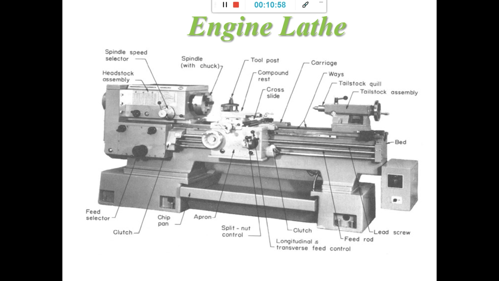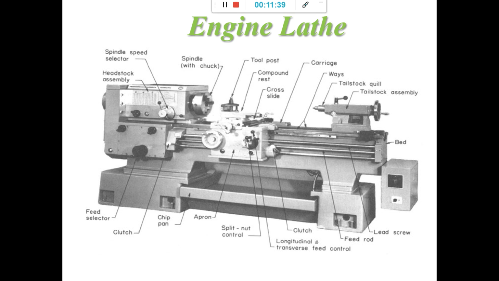Now in the bed part, we can see the ways, that is V ways, in which the carriage moves, and in the carriage there are 3 or 4 parts. First is tool post, next is compound rest, next is cross slide, and last one is apron. And in the apron part there is also a clutch. The longitudinal feed control is there, split nut or half nut is there.